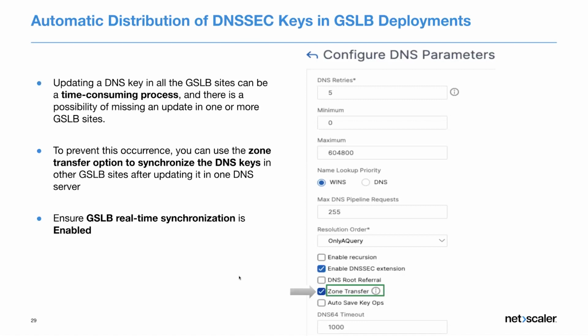Once you do this and you have GSLB auto synchronization enabled, when the new key is created and used for signing the zone, the key is also propagated to all your GSLB sites, and all your GSLB sites sign the resource records with the same key. That is an end-to-end automated, zero-touch way of handling DNSSEC, which has made the admin's task easier.